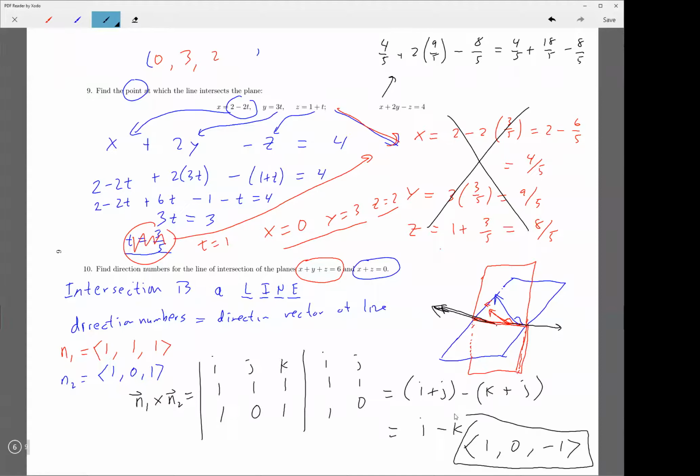Good for nothing. You have to use vectors. Let's see here. It didn't accept the vector form.